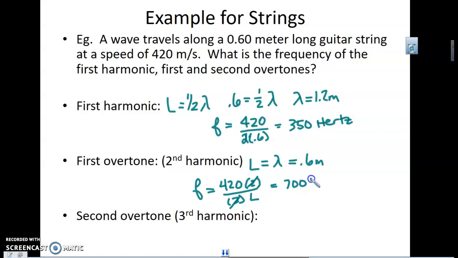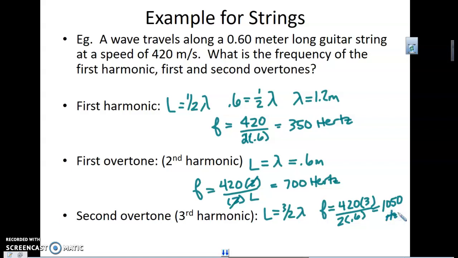And you get 700 hertz. Okay, and our third harmonic. Okay, so you can go ahead and plug that in. If you play a stringed instrument and you ever take music theory, there's actually a lot of math there.